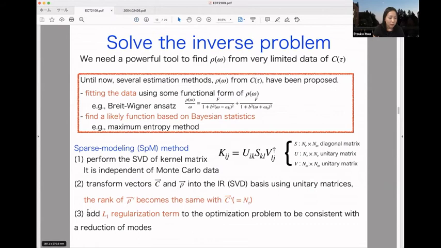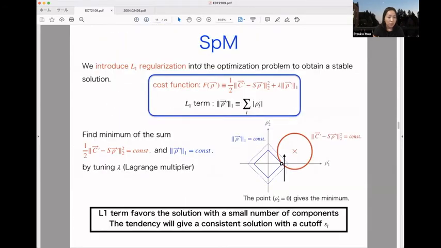The third one is the most non-trivial part of the sparse modeling method, as Shinaoka-san explained. We add the L1 regularization term to the optimization problem to be consistent with the reduction of the mode vector. The cost function is given by this part and the previous part, and we add the L1 term, where lambda is a Lagrange multiplier.